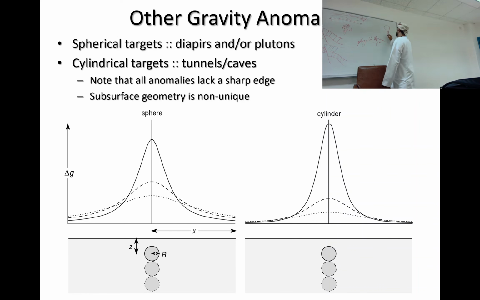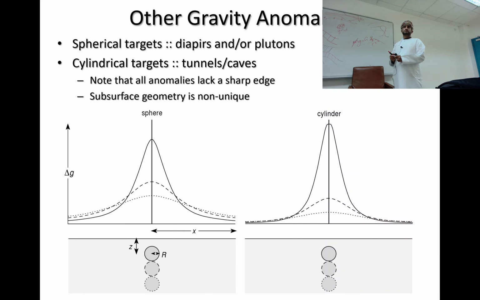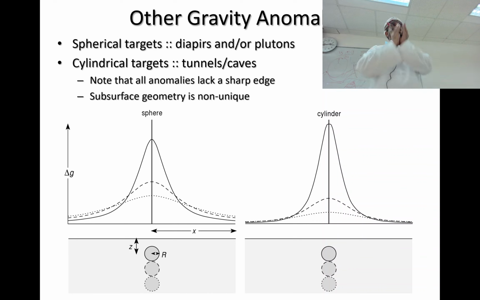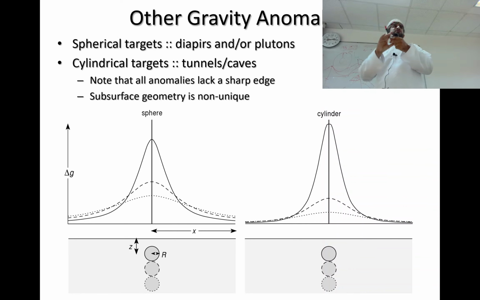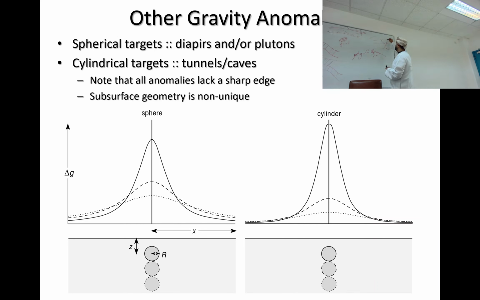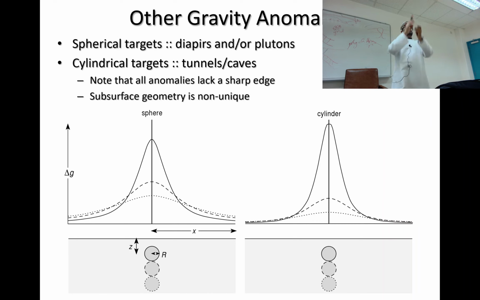It creates some features like that. So this is the salt because it's very movable. It tries to find the weakest point within the strata to push through them, to break through them, to create such features. Salt diapirs. This shape is almost like a ball coming up like this. It's a sphere.